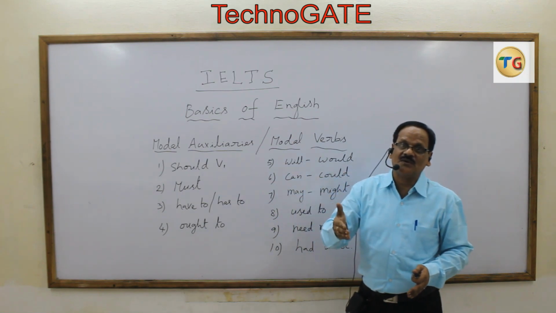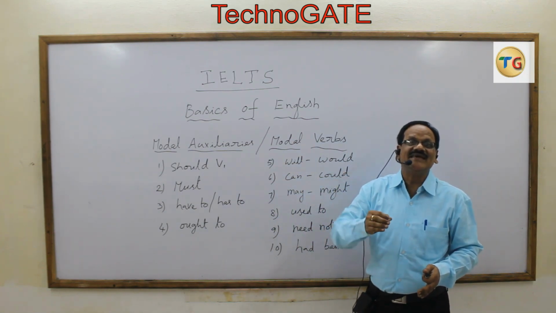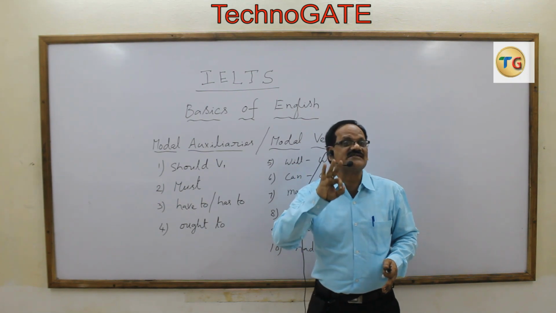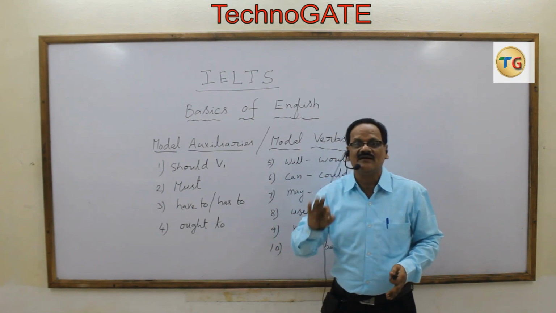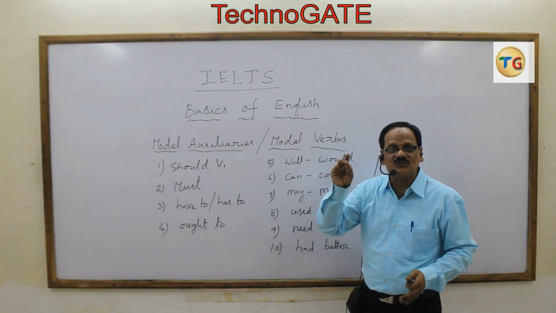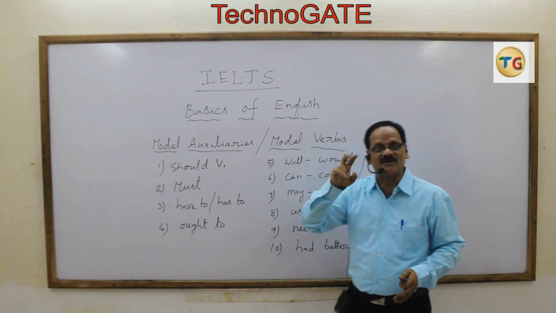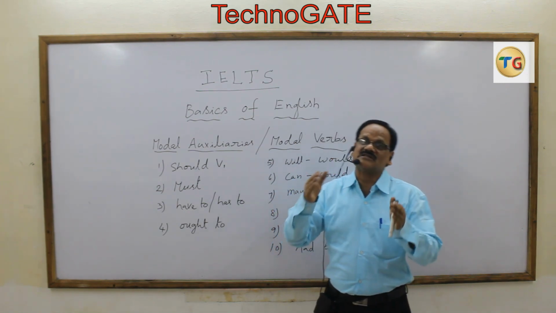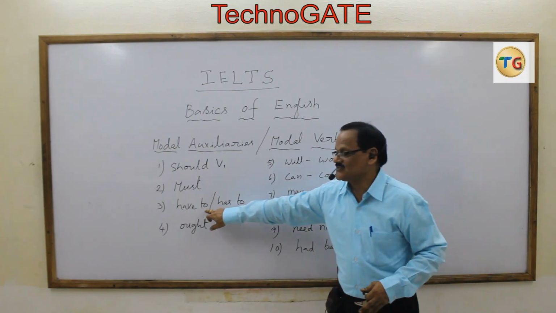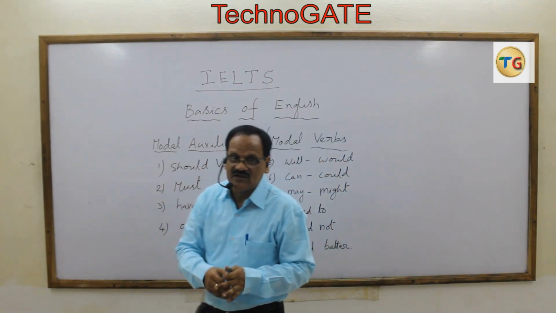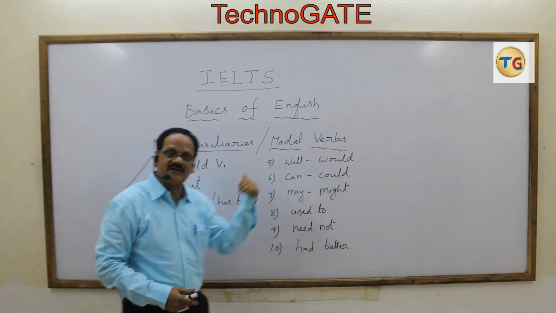He must go is equal to he has to go. He, she, it, third person singular, should take has to. For I, we, you, they, that means first person singular and plural, second person singular and plural, third person plural, have to is used.